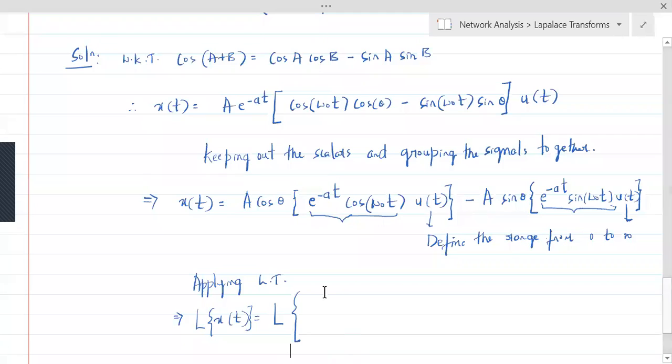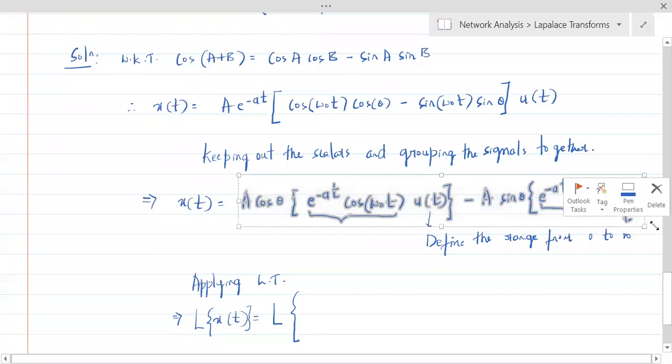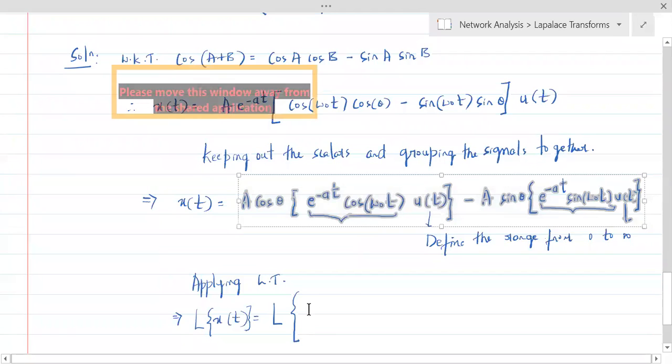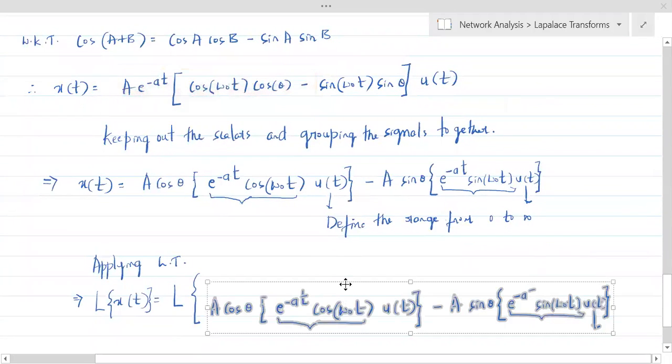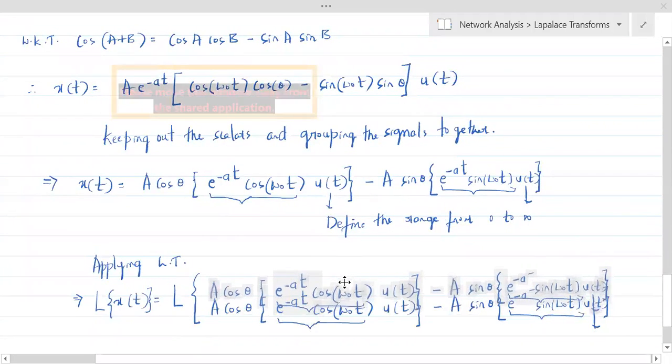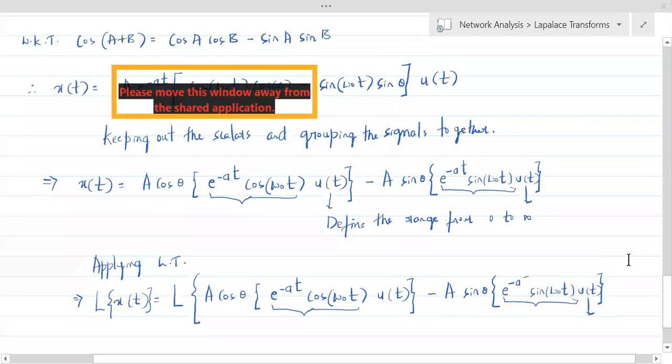I'll just copy and paste this. Okay, everybody, you can just repeat this once again. I've just copied and pasted because I had the opportunity of doing that.